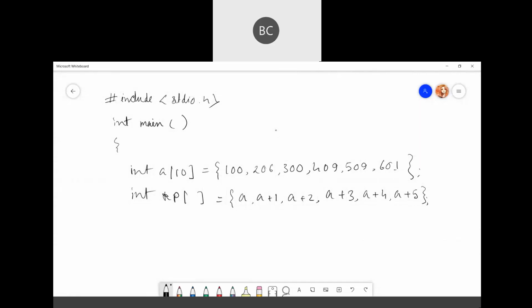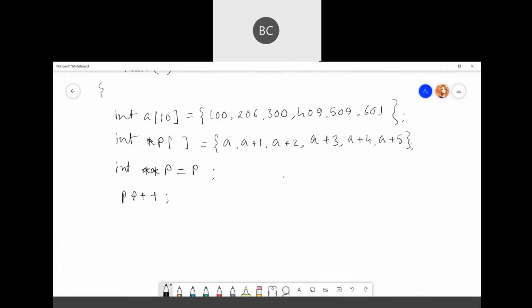Now I'm taking a double pointer, pp, pointing to p. Now I'm going to increment it. Now I want to print %d, %d, and %d.